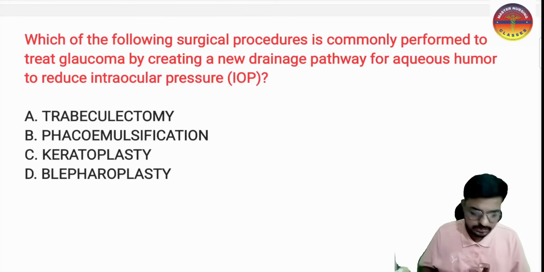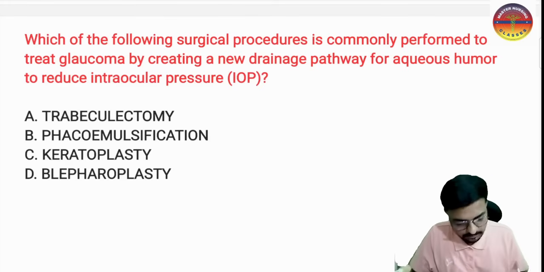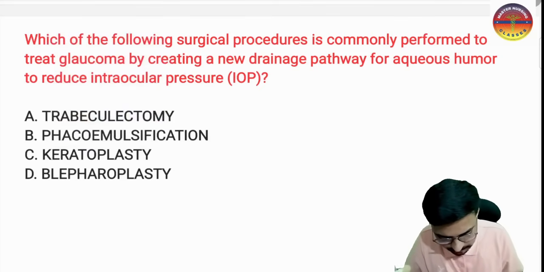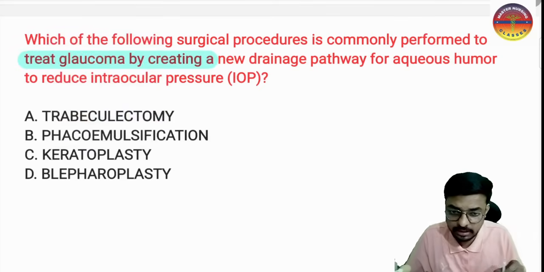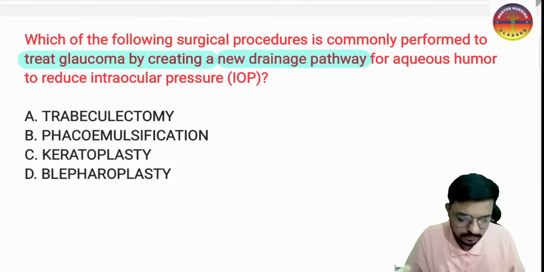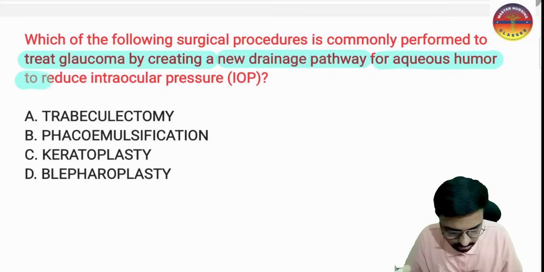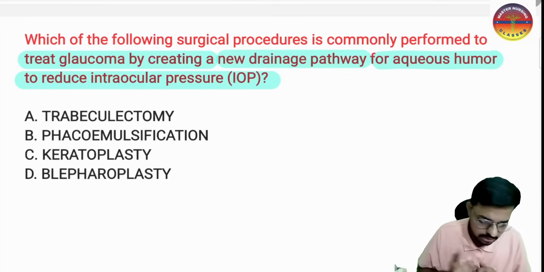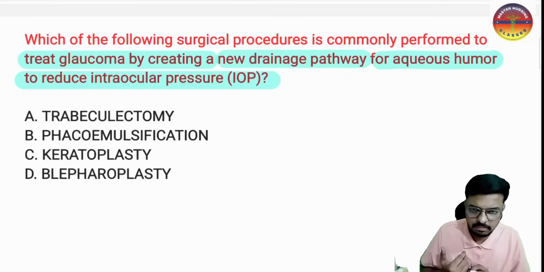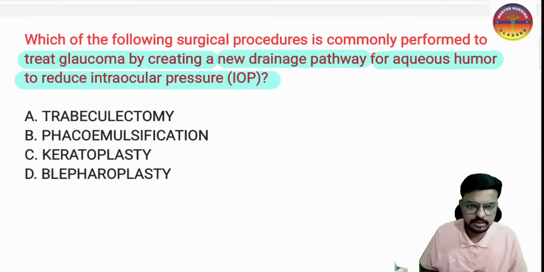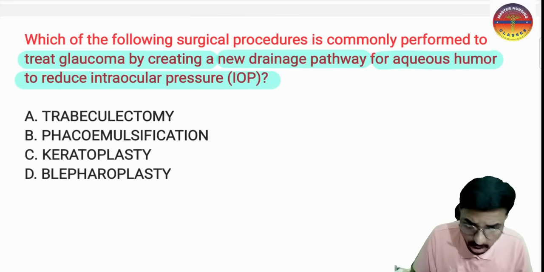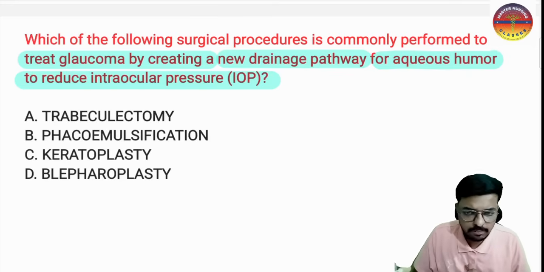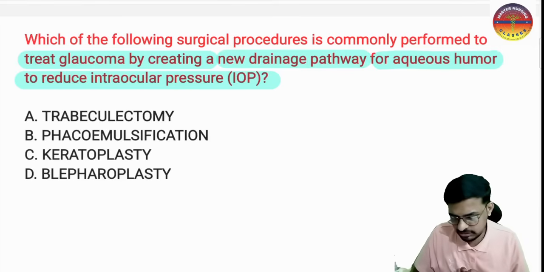Which of the following procedures is commonly performed to treat glaucoma by creating a new drainage pathway for the aqueous humor to reduce intraocular pressure? We are creating the new pathway to drain the aqueous humor, so in which surgery are we doing this? That is the question.